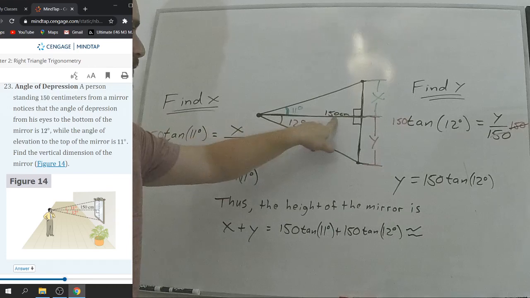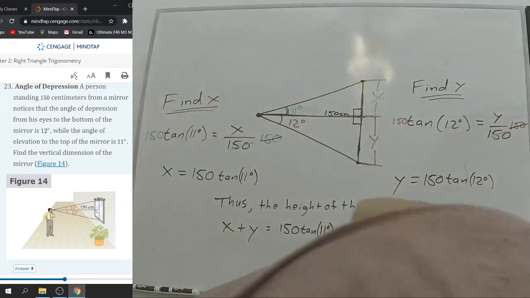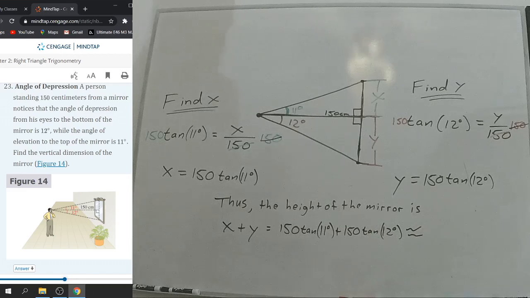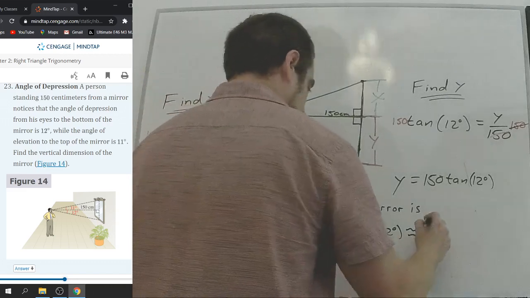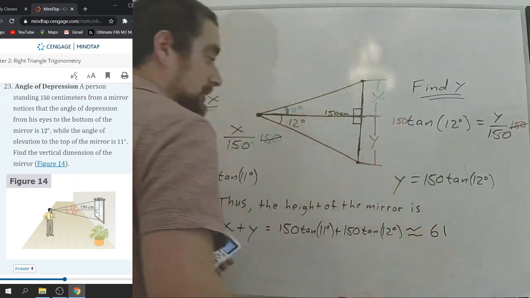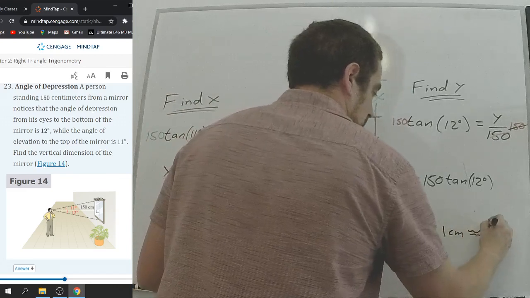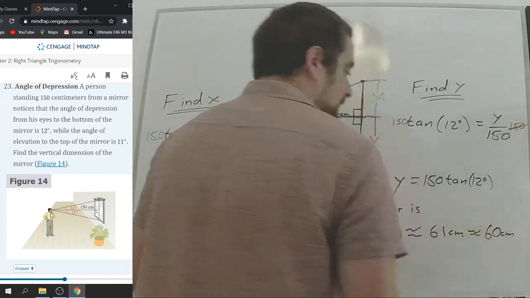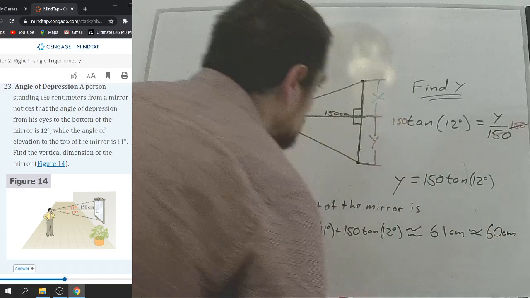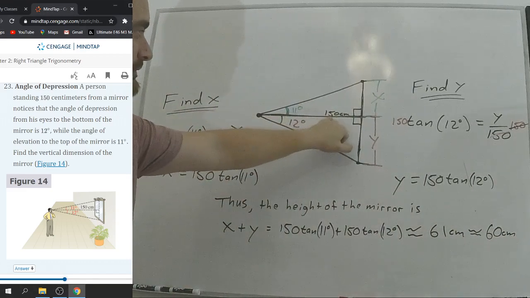Well, if we look at the 150, technically that's two significant figures. They're not giving us a specific order as to how many decimal places to go to or anything like that. So I would say we would round this to either 61 centimeters or 60 centimeters. We're losing that hundreds place, but this is really only two significant figures.